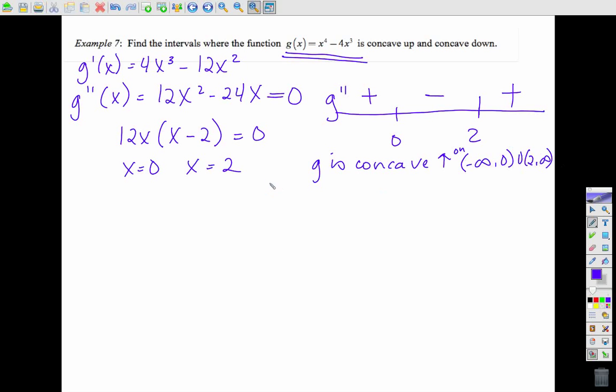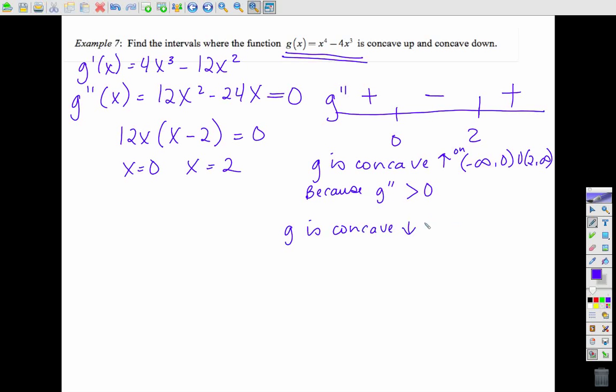Concavity intervals are always parentheses, so you don't have to worry about that. So let's see, g is concave up on negative infinity to 0 and 2 to infinity because g double prime is greater than 0.